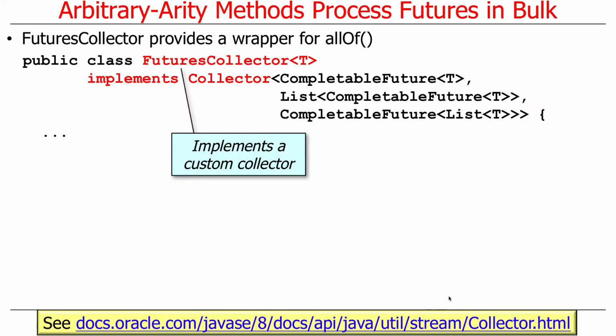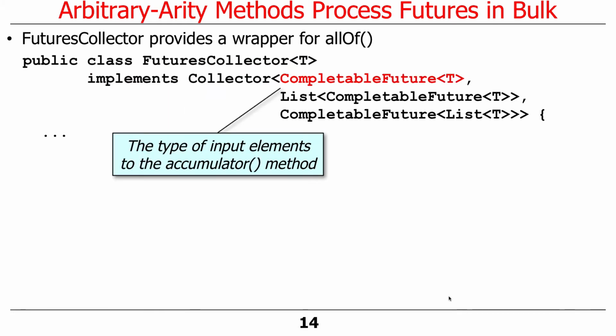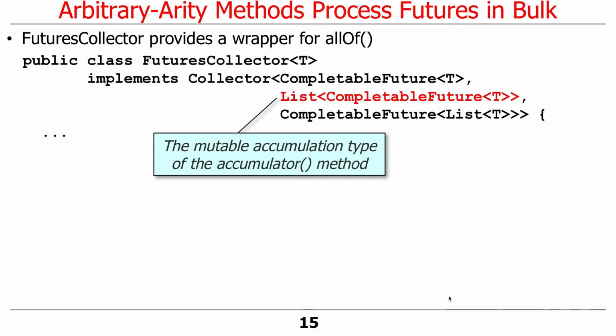So here's FuturesCollector. FuturesCollector implements Collector, and it fills in 3 parameters. First is the type of input elements that you're passing in. So remember, we have a stream of CompletableFutures of some type T. It's generic. This is the accumulation type that the collector uses internally to collect each of those CompletableFutures that comes in from the stream.